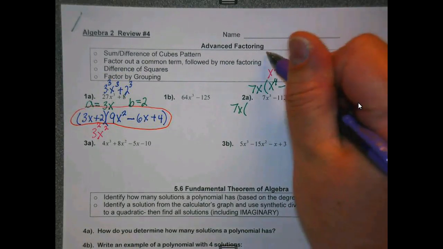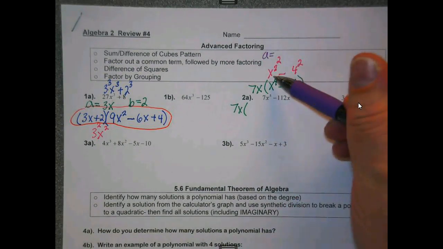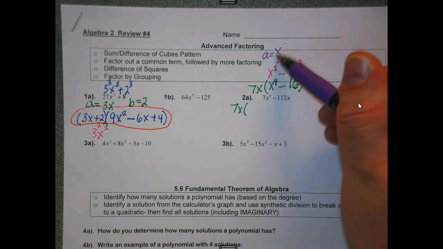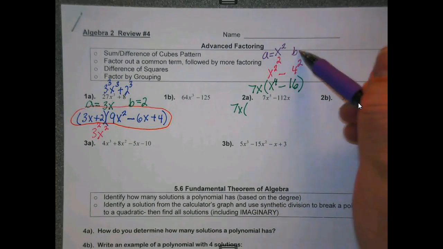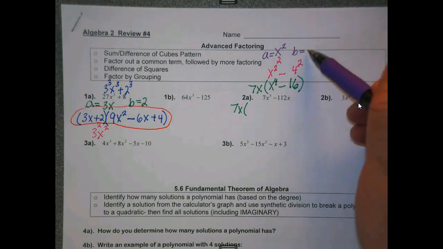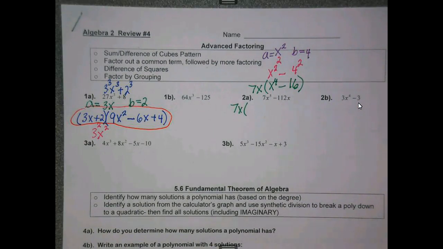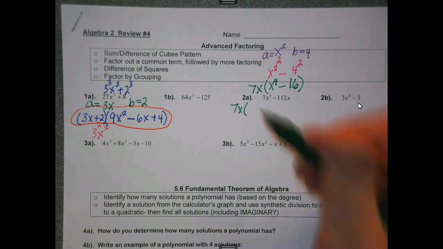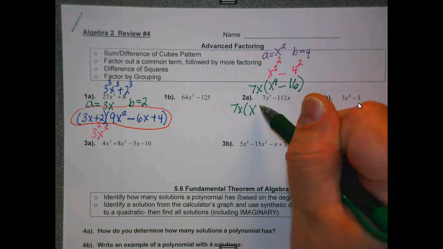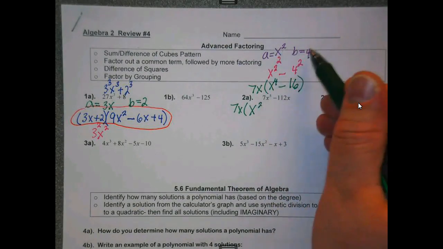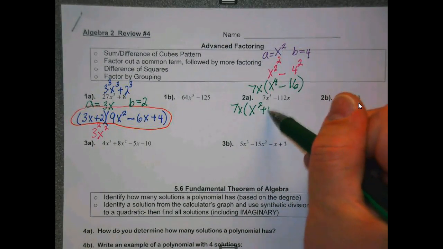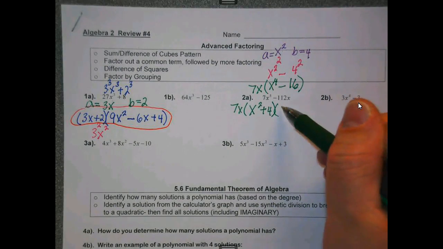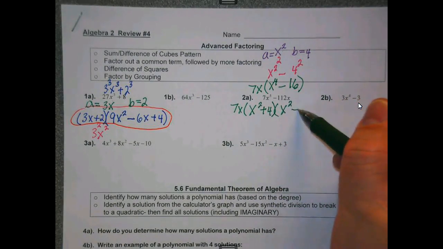Well, my A is going to be, I'm squaring x squared. My B is, I'm squaring 4. So I have A plus B, x squared plus 4, and I have x squared minus 4.